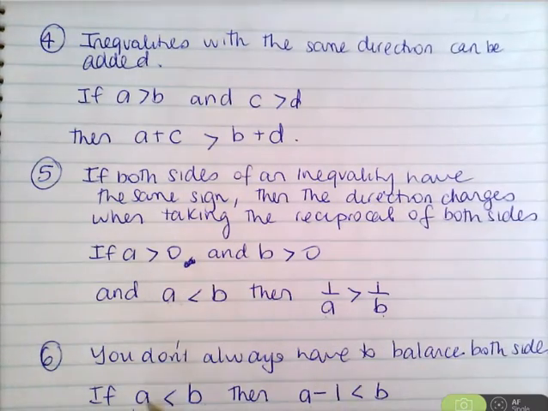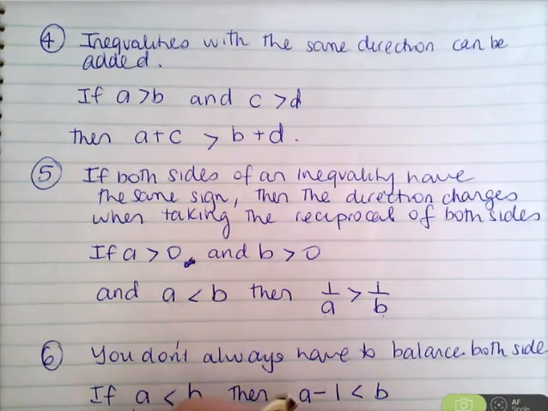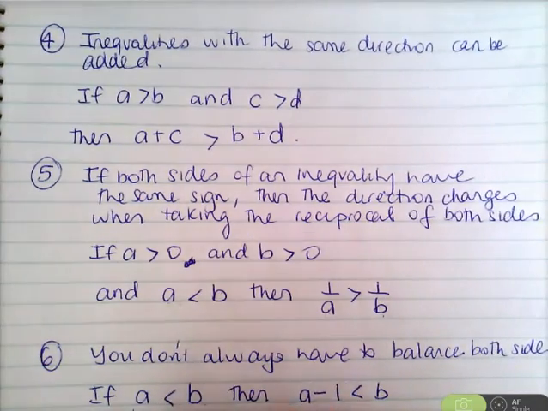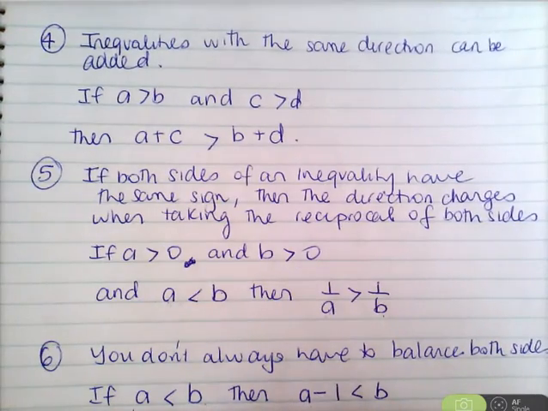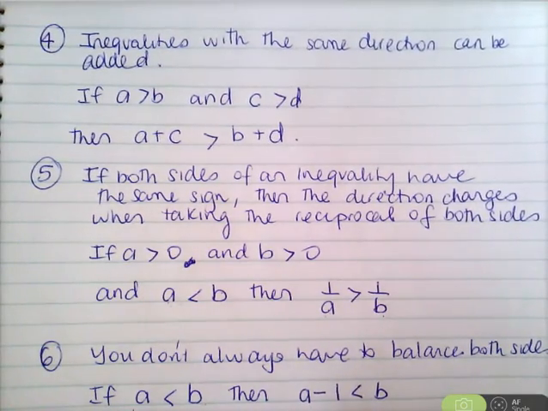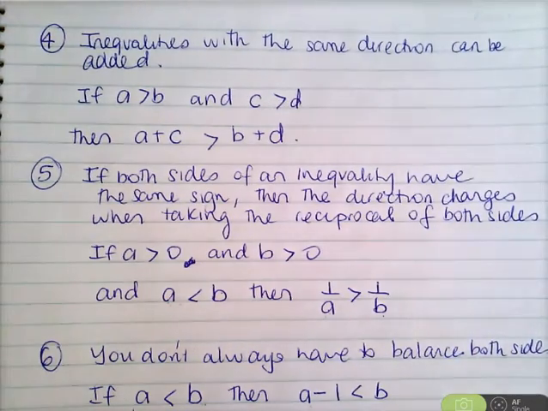Because a smaller number, as I just said, minus 1 will still be smaller than that bigger number. Another thing we can write is that if A is greater than B, because A is already greater than B, then something greater than A, such as A plus 1 or A plus anything, would also be greater than B. Okay?